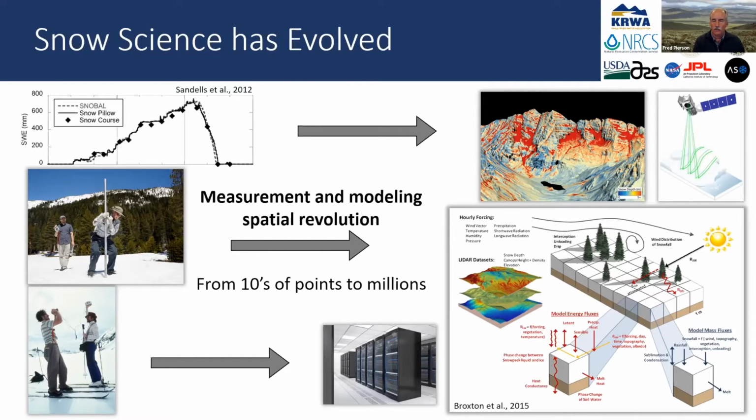The tremendous opportunity that exists is that the current and past predictions are based on just a handful of points, 10 points, maybe 20 points of measurement within a very large basin. Whereas we have an opportunity with remote sensing to start having millions of points of information within a basin. So how do we make use of that, but yet still boil all of that information down to the end user?